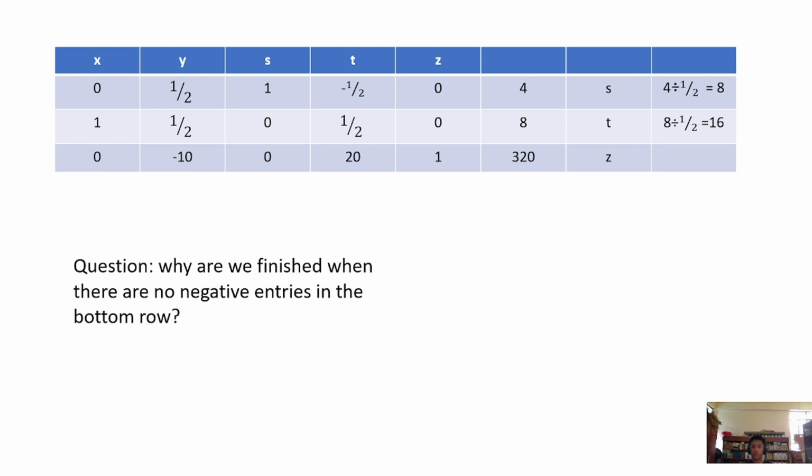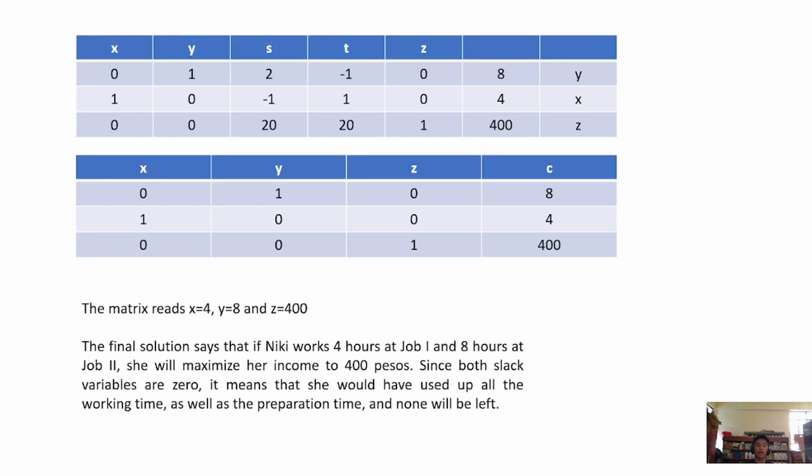The final solution says that Richard works 4 hours at job 1 and 8 hours at job 2. Since both slack variables are 0, it shows that he has used up the working time as well as the preparation time and none will be left.